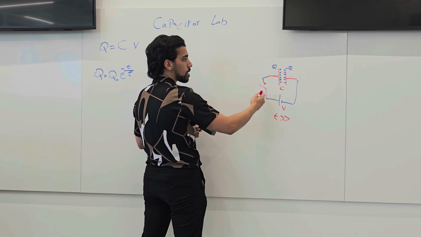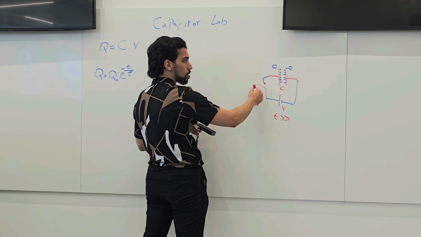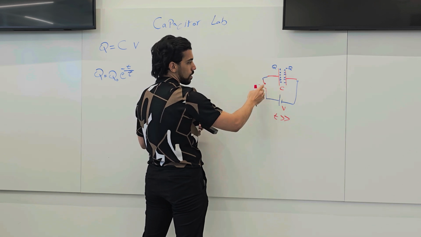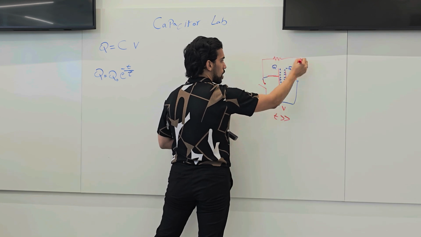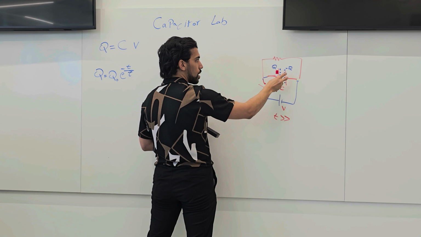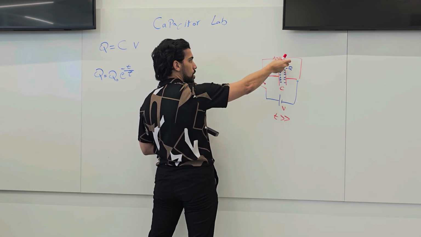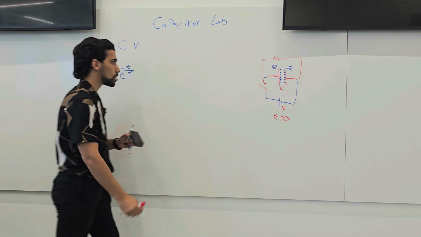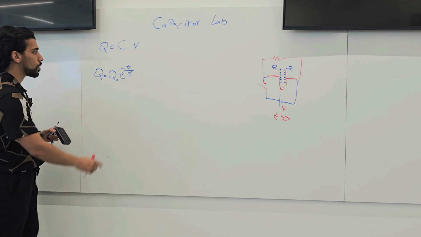Same, if this one was fully charged and you open the switch and you connect this one, for example, to some resistance, the capacitor has a lot of energy, so it starts to discharge all the charges to go inside the resistance. And during this transient state, we use this equation.